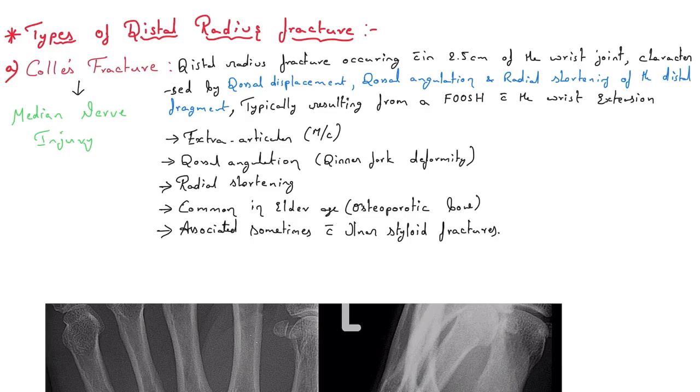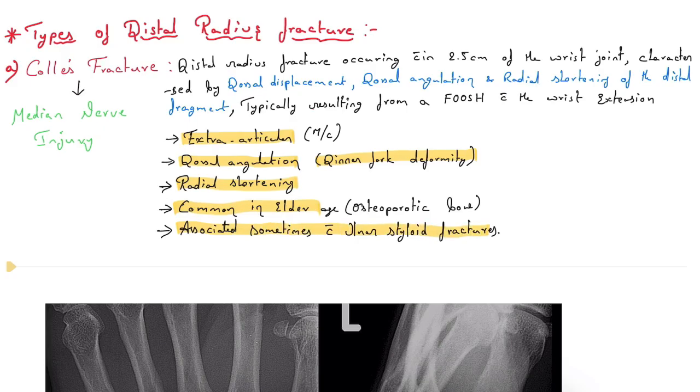Here this is extra-articular, and this is most common. You can see dorsal angulation, the dinner fork deformity sign, and radial shortening, common in the elderly, and sometimes associated with ulnar styloid fracture.